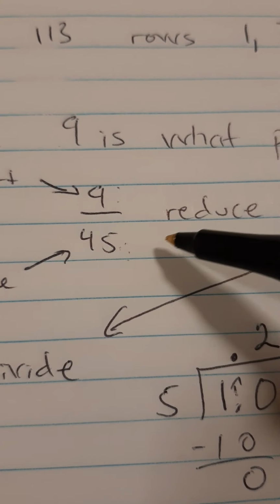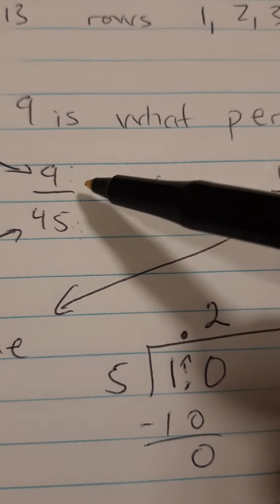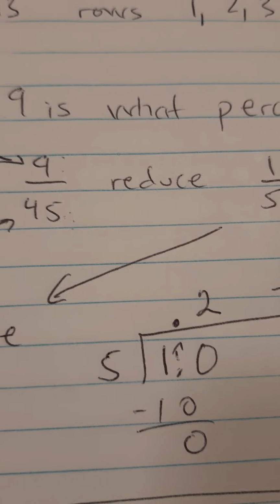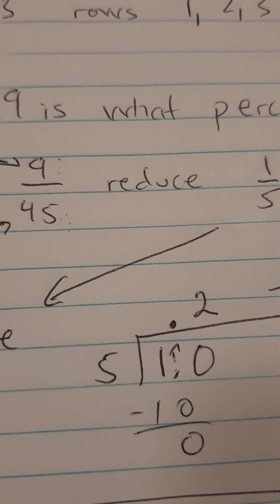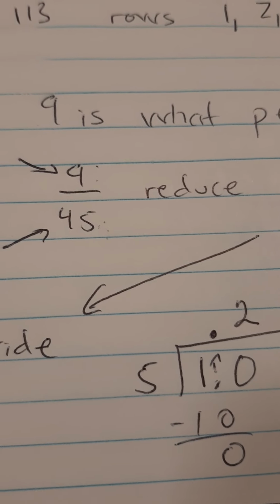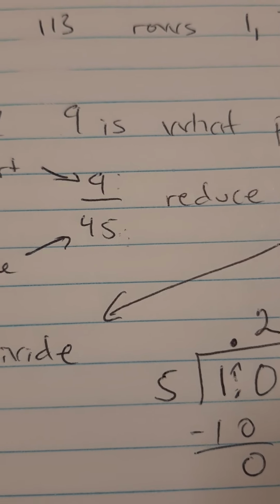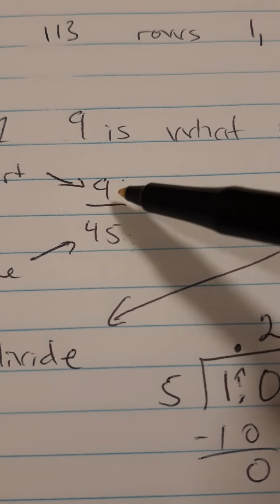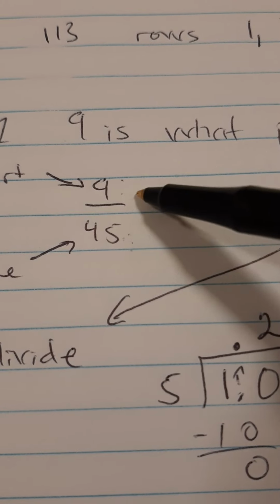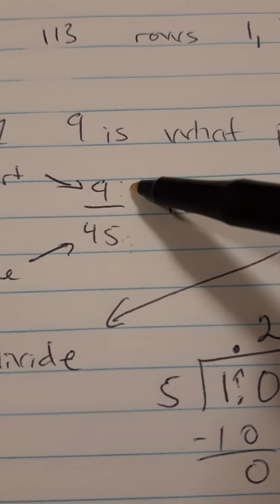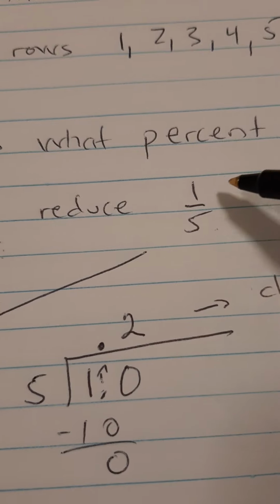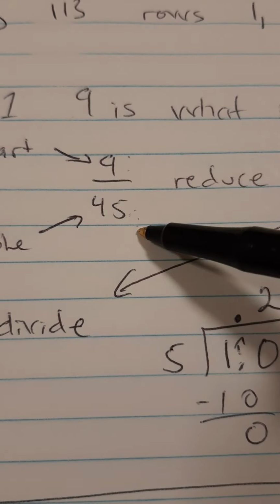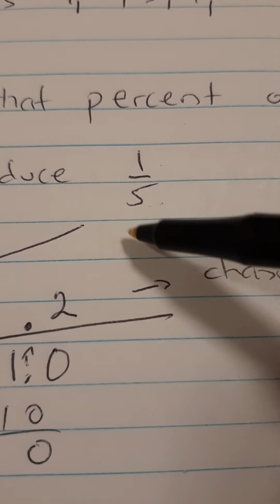Then you go to your next step, which is to reduce. 9 over 45 can be reduced to 1/5. How do I know that? You can use your times table, or your handy-dandy calculator. You have to find a number that can go into 9 and 45 evenly. 9 can go into 9 one time, and 9 can go into 45 5 times. So 9/45 gets reduced to 1/5.